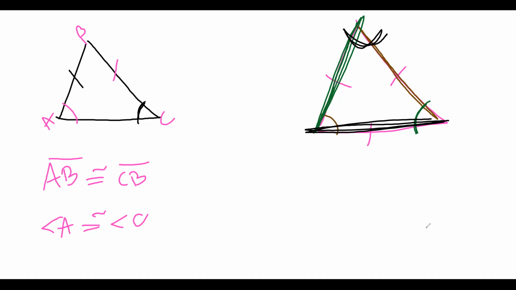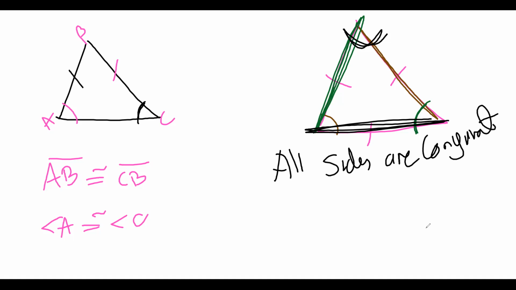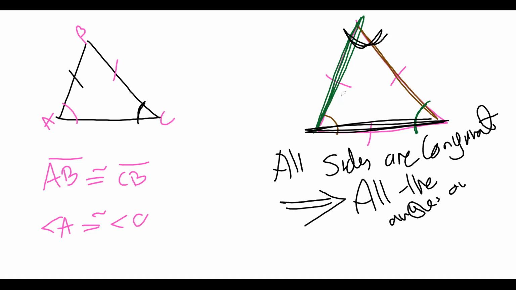Now, if all of the sides are congruent, can I conclude that all the angles are congruent? Yes, teacher, because of this corollary. Because it's an equilateral triangle, all of them are equal. Yes, so this is now our corollary.